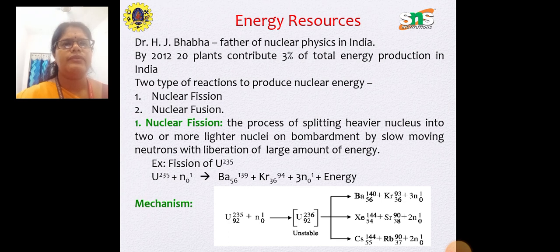So in this we can see the mechanism, that is uranium 92 235 plus 1 neutron.